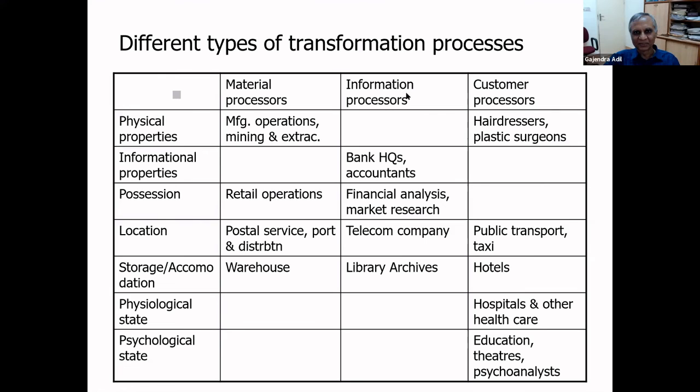You can think of the information also, same thing. So physical properties, visually we are not interested in for information. So informational properties: bank headquarters, accountants, you can think of the computer also nowadays, right? You change something, process something. Okay, possession might change, like a market analyst, you have the report, you are giving the information to another person.